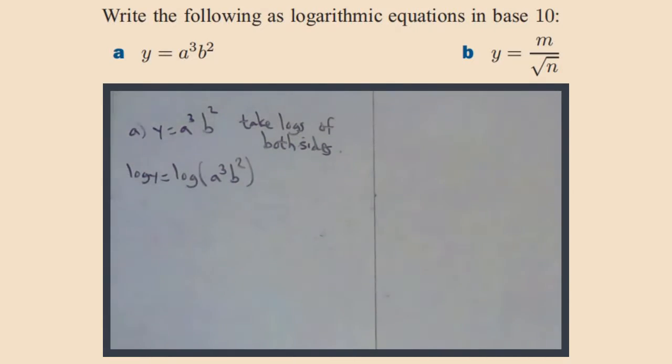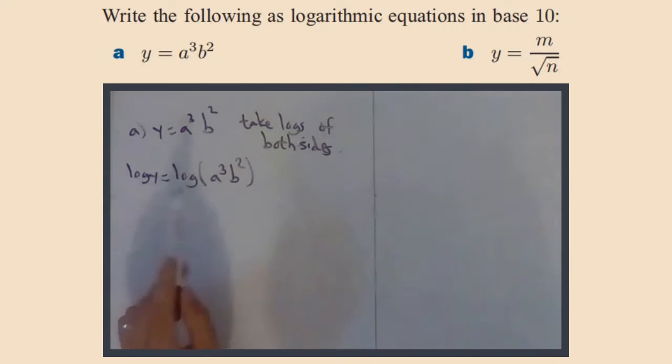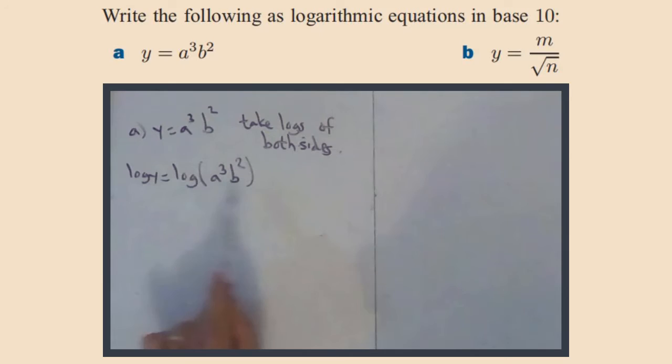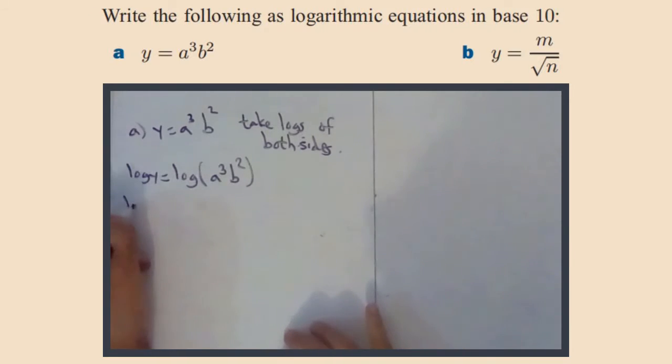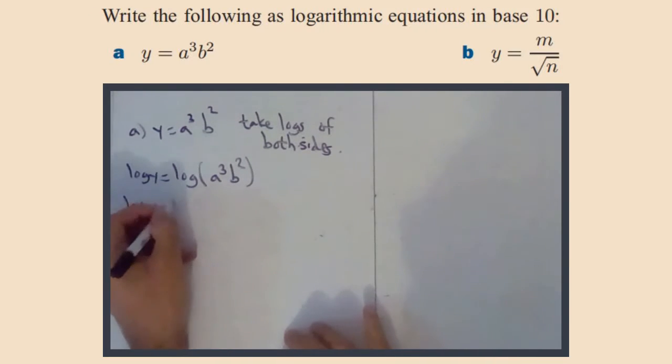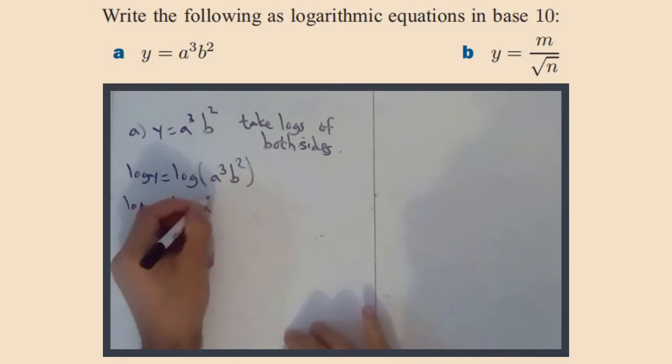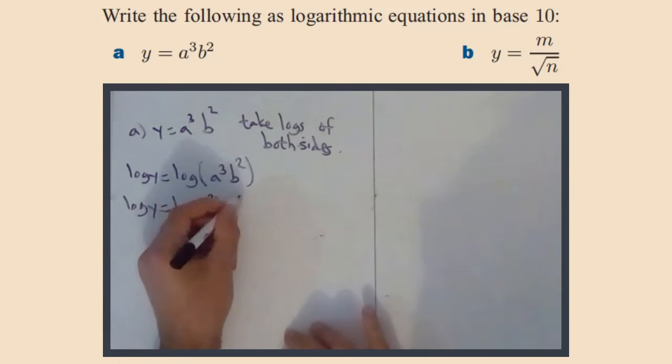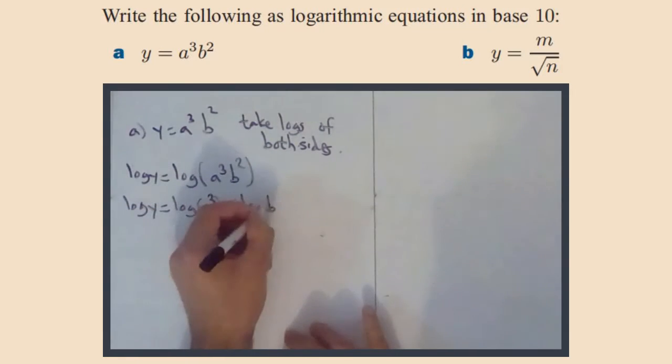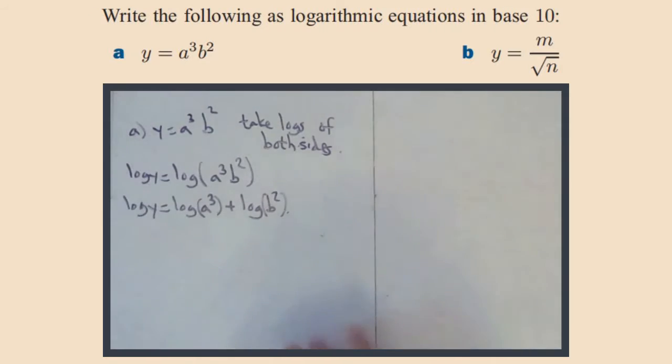Once you've done that, you can then start to use some log laws on it. If we look at the right hand side, we can use the first law of logs to split this into two separate logs. So that could say log y equals log a cubed plus log b squared, just like that.